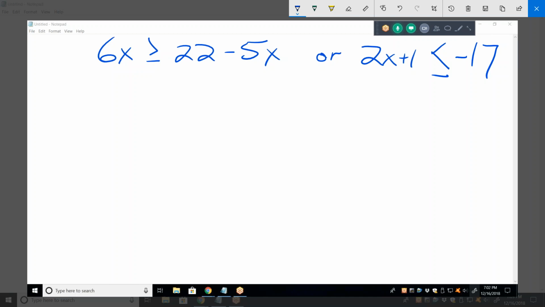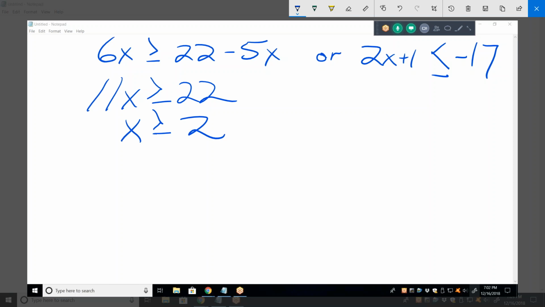So first I'd add 5x to 6x, and then divide 22 by 11. Okay. You get 2. So, or, now what do you do on the right side? I would subtract 1 from the 2x plus 1, and then divide by 2.